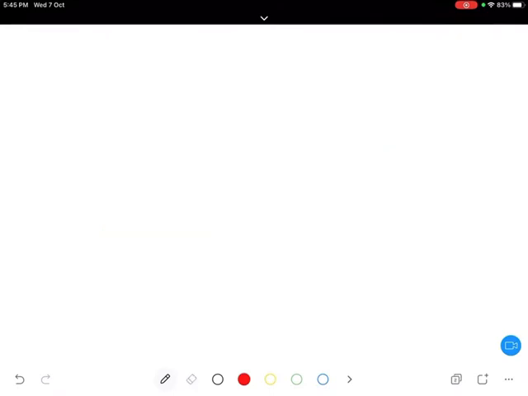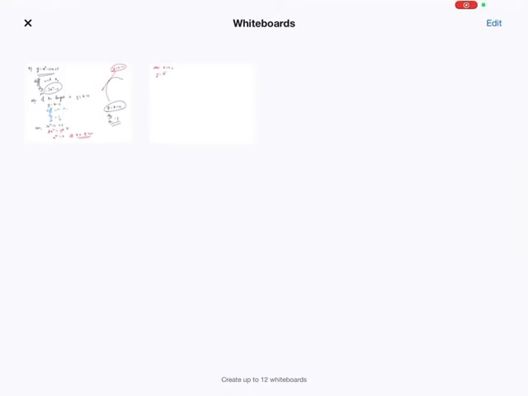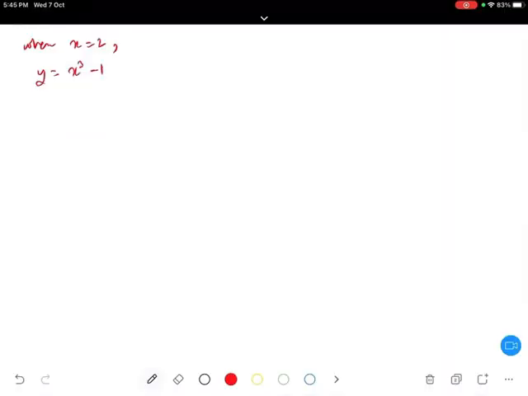When x is equal to 2, y is equal to x cubed minus 11x plus 5. So y is equal to 2 cubed minus 11 into 2 plus 5.